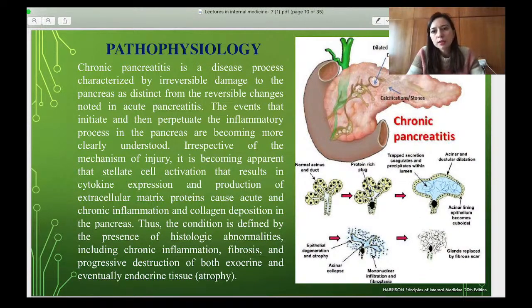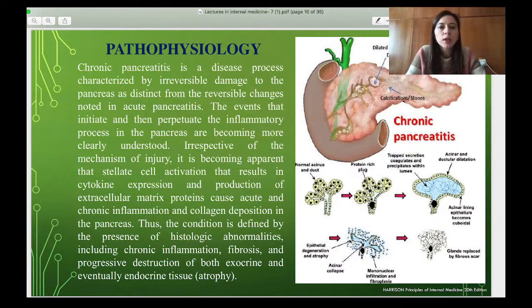Yes, and the next chapter of our lecture is pathophysiology. Chronic pancreatitis is a disease process characterized by irreversible damage to the pancreas, as distinct from the reversible change noted in acute pancreatitis.